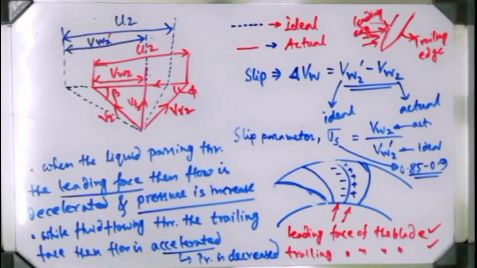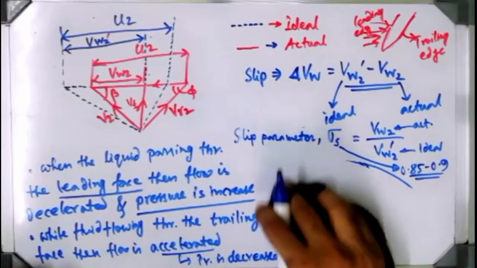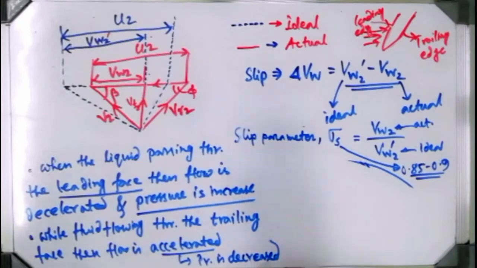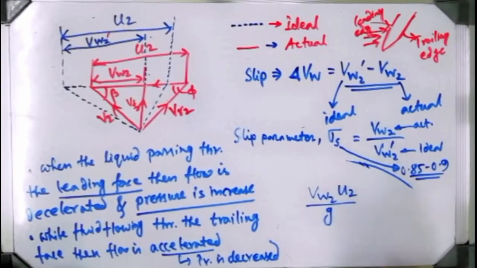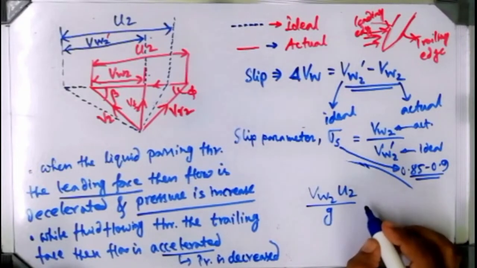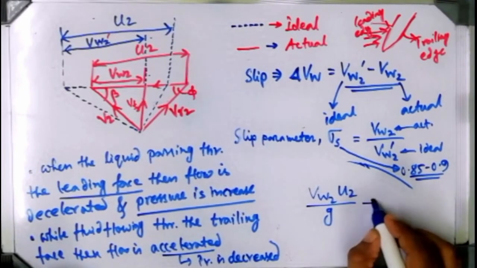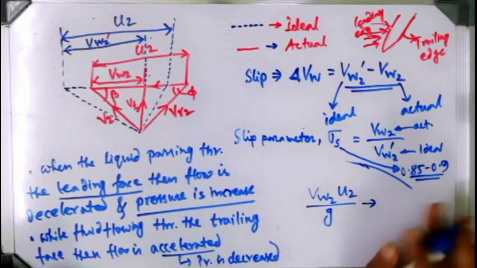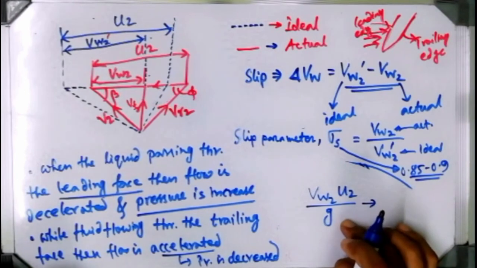Now, I have already told you that the head imparted by the impeller on the fluid is VW2 U2 by g by Euler's equation. This is possible when there is no slip. If we don't consider any slip occurring, then you can consider this expression.